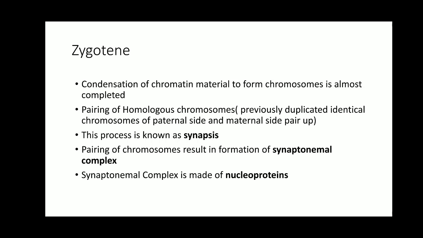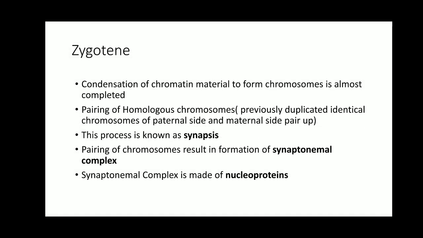So the pairing of these homologous chromosomes is going to take place, and that process is known as synapsis. That is, the process of pairing of these homologous chromosomes is known as synapsis.